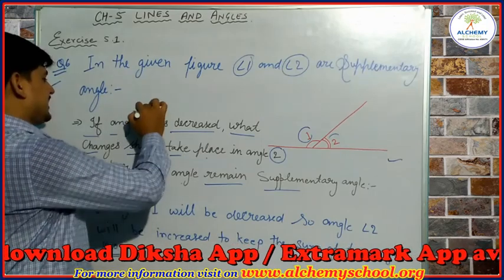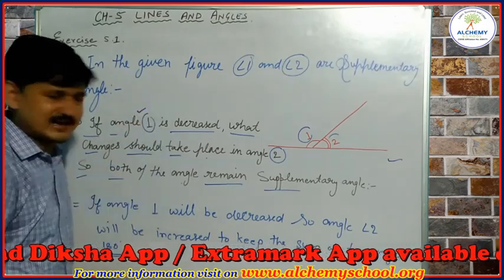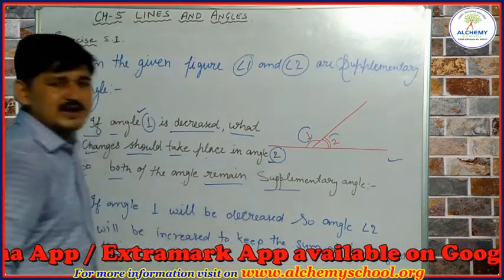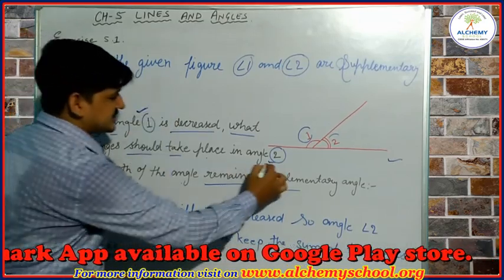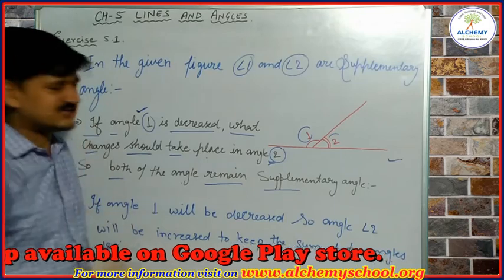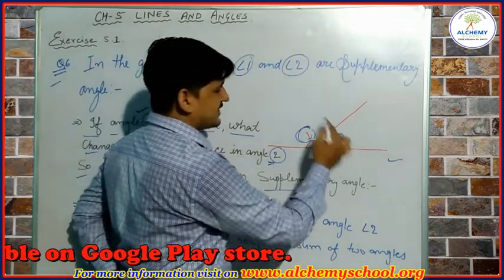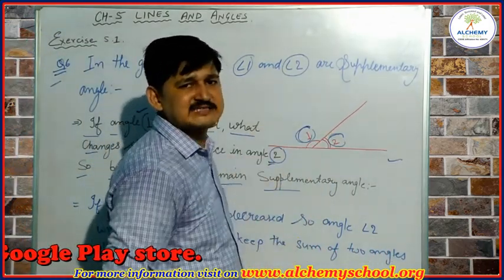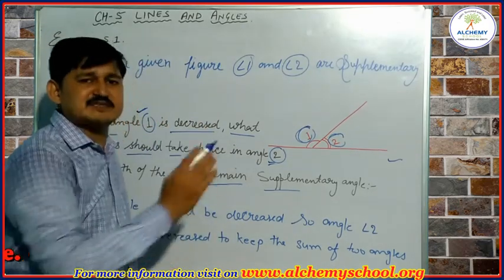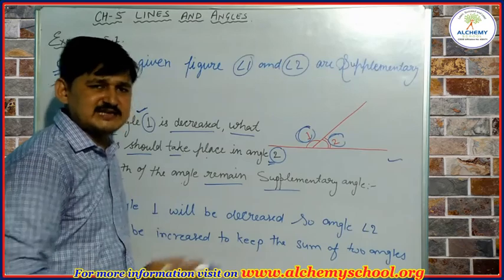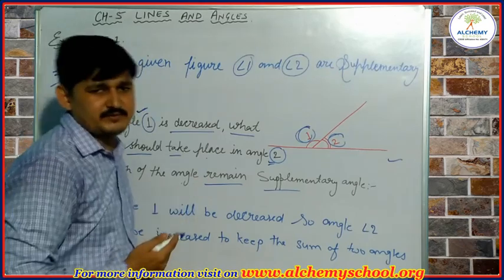Okay, so here if angle 1 will decrease, angle 2 will increase. If angle 1 will increase, angle 2 will decrease, and the sum of these two angles will remain the same as 180 degree, so they will be supplementary angles. If the sum of the angles is going to change, they will not be supplementary angles.